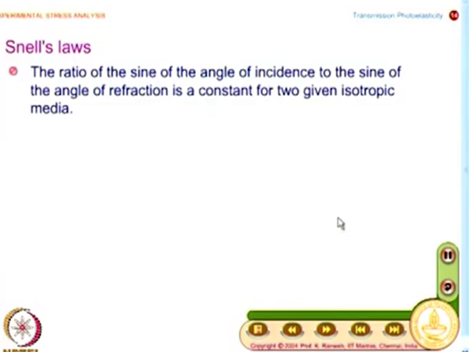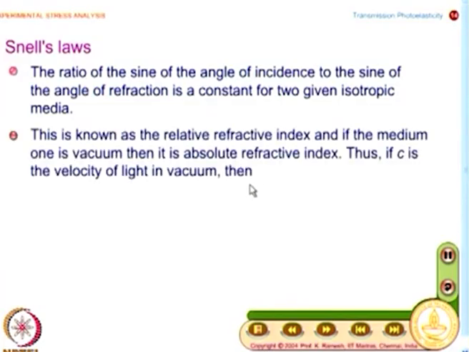So, we will see both, and you all know sin i by sin r is the refractive index, that is also known from your earlier course. So, you have the concept of relative refractive index and also a concept of absolute refractive index.